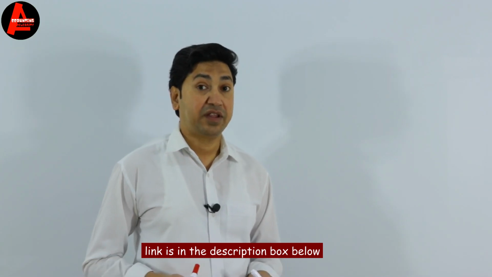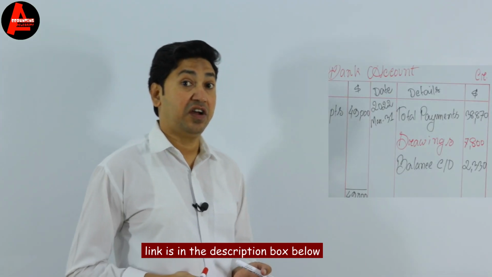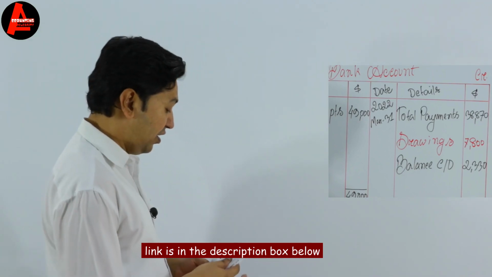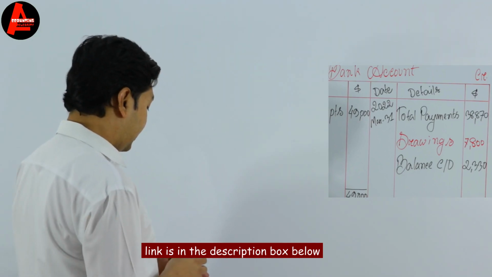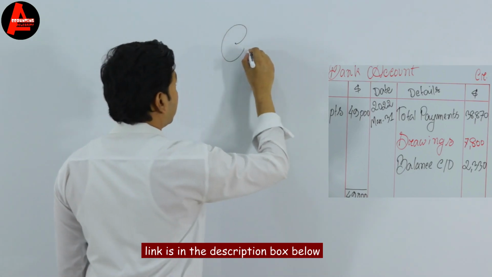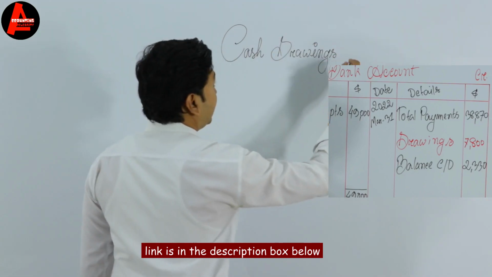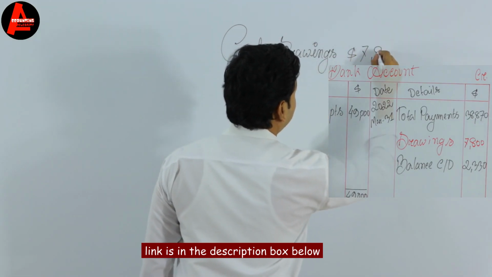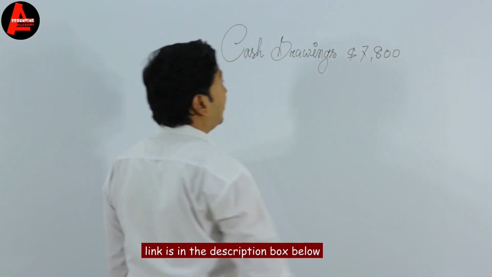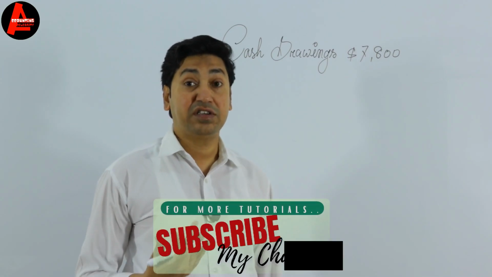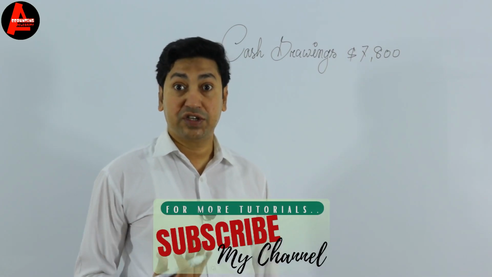Here we already calculated cash drawings, it is $7,800. We prepared a bank account to calculate this amount. So let us write here first cash drawings: $7,800. In the question, Stella, the owner, also has goods drawings.